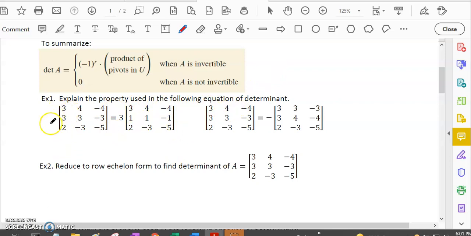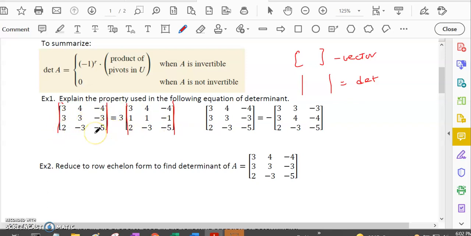These should all be determinants. When we write a matrix, that is a matrix, but if we use two straight lines, that is the determinant. So this determinant is equal to 3 times this determinant, because I divided this row by 3. The resulting determinant is 3 times the initial one.